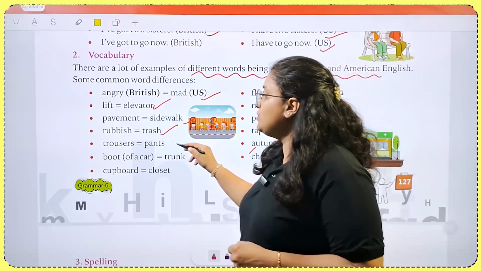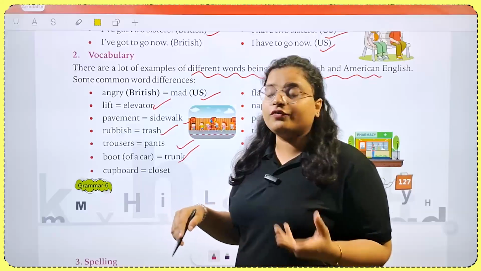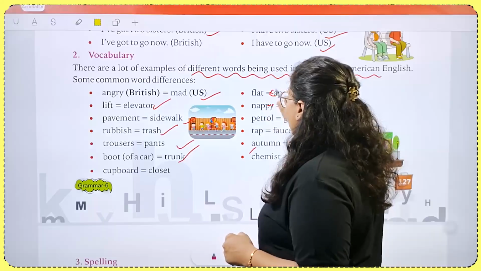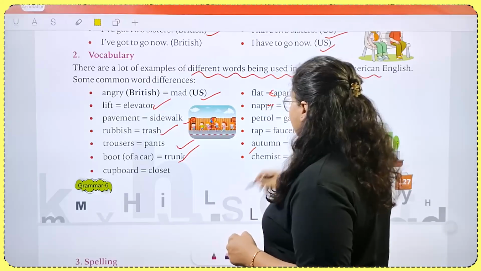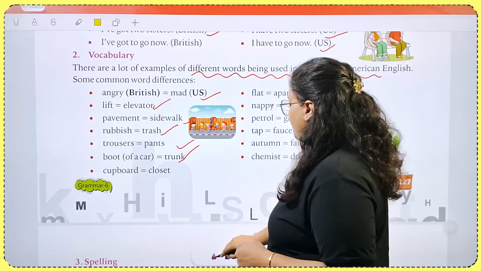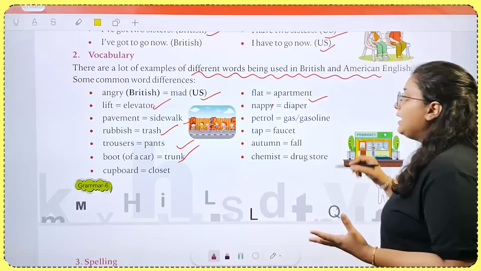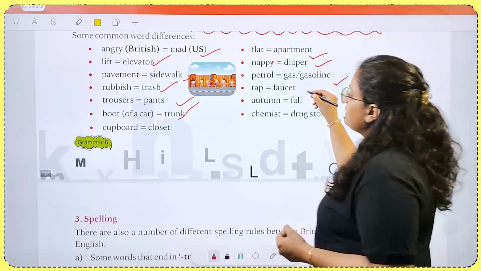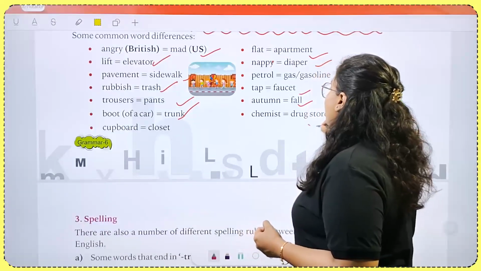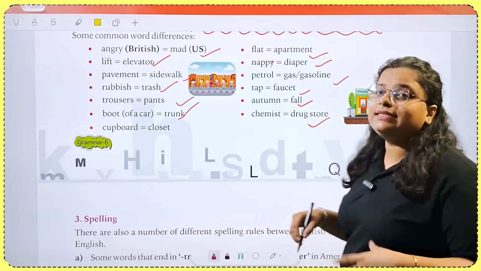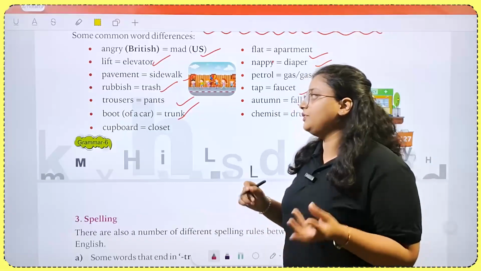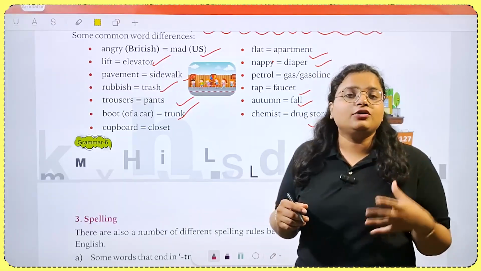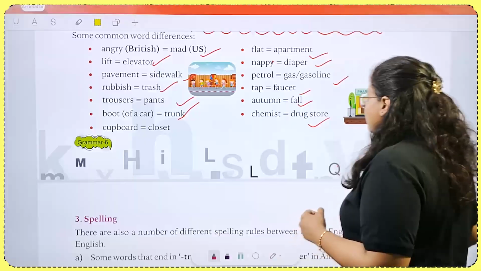Then we have trousers, pants, boot of a car, cupboard, closet, flat, apartment, nappy, diaper, petrol, gas, tap, faucet, autumn, fall, chemist, drugstore. These are words that are different, and a person may not understand them if they are not a local.